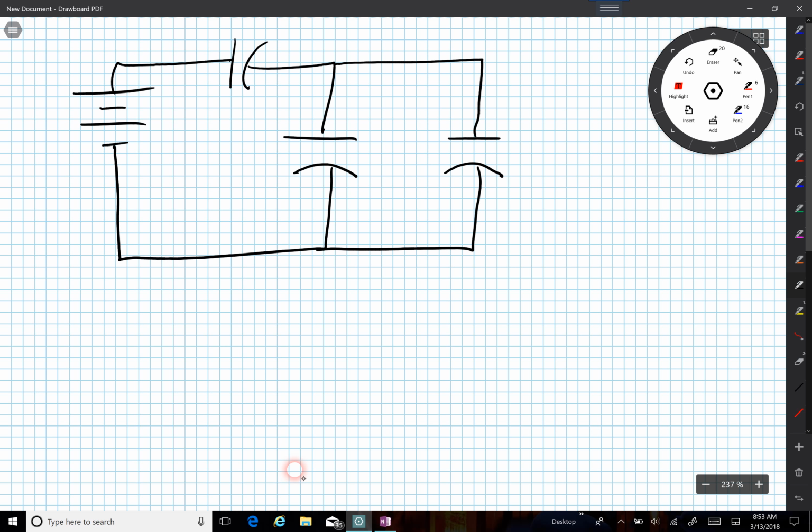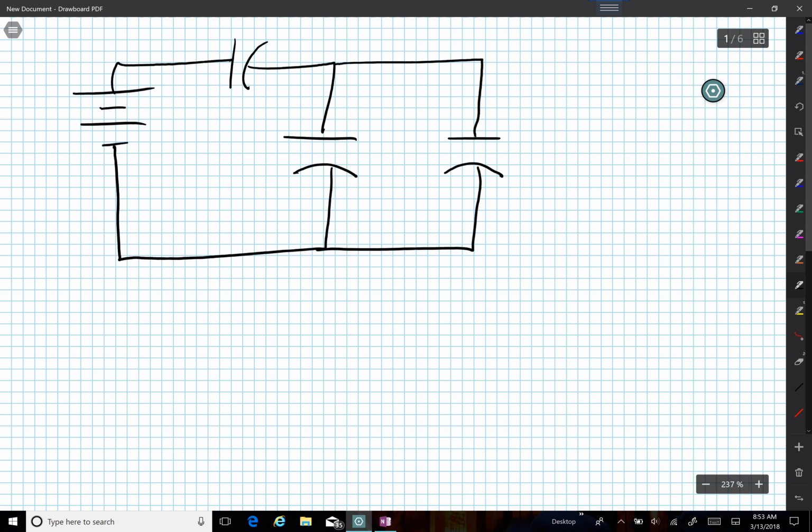Let's put some numbers on here first. So let's say this battery is 28 volts. This is the positive side of the battery. This is the negative side of the battery.